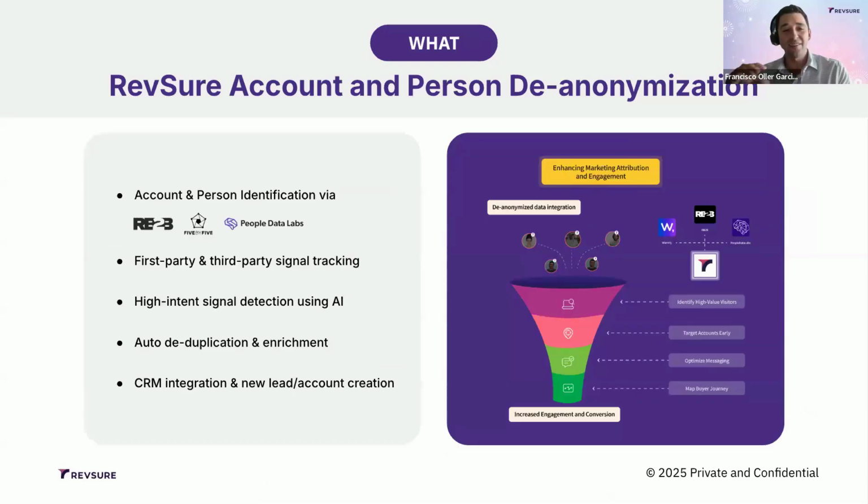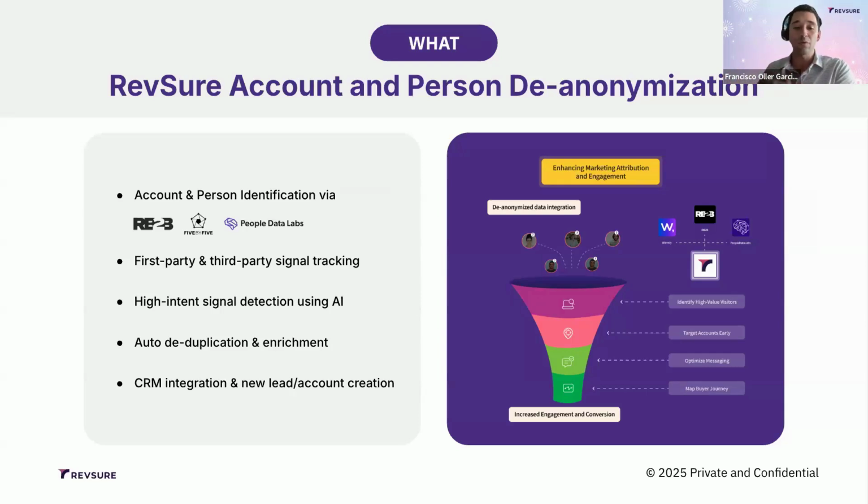Awesome. As we talked about, it's account and person identification via our first party tracking pixel and our data partners. We also work with using our AI, helping you understand what are those visitors, along with deduplication and enrichment.